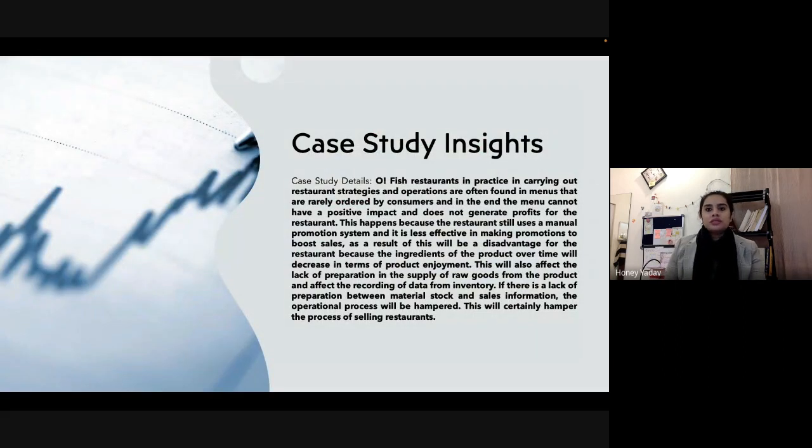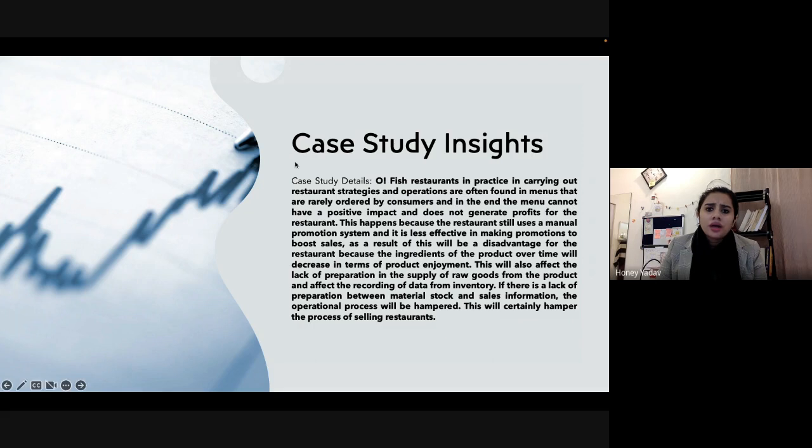One case study that I also extracted from the database has been published in IEEE. It was a real experiment done using market basket analysis by O-Fish restaurants, where they wanted to design their menu.